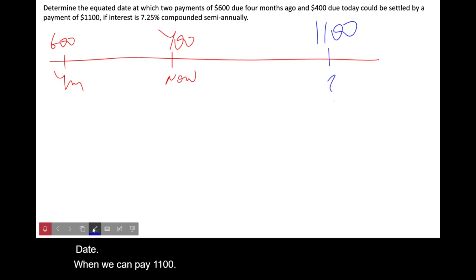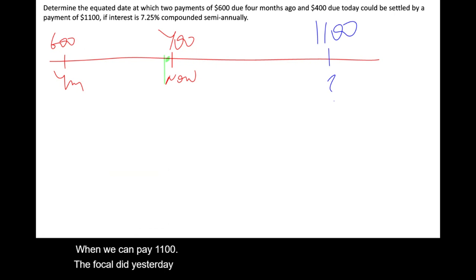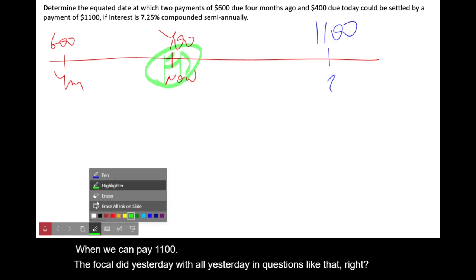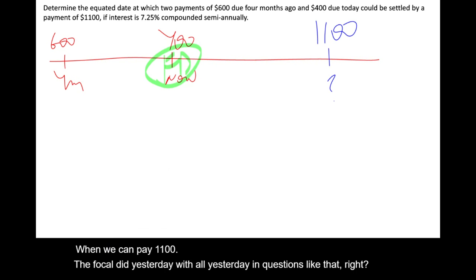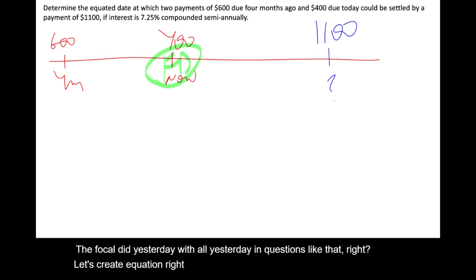So focal date is today. It's always today in questions like that, right? Let's create the equation right away. So semi-annual, right?